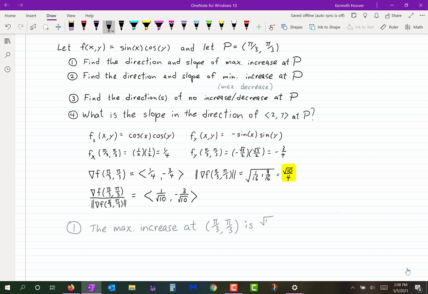So the maximum increase is root 10 over 4. Let's put a comma, and let's answer the rest of that question. The direction of maximum increase. So, comma, in the direction of, and that answer is right here.